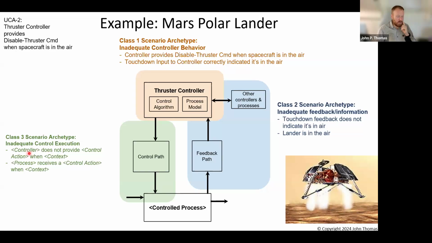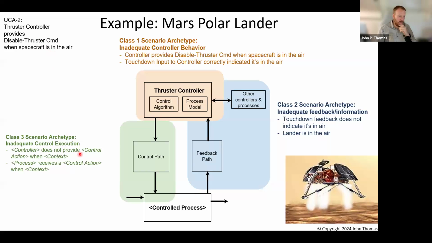So the controller is the thruster controller, right? Does not provide. What's the control action? It's the disable thruster command, right? Notice it's different than what actually went wrong. In the actual crash, it provided a disable thruster command.